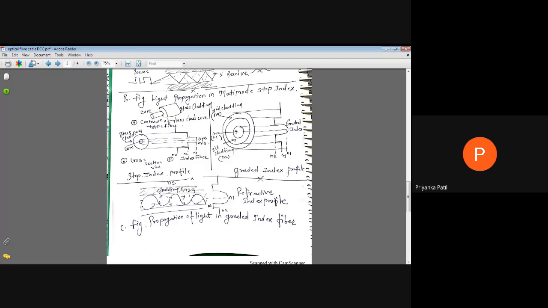Basically, the construction of this optical fiber with the core and the glass cladding is shown in figure A. It has the core and glass cladding.